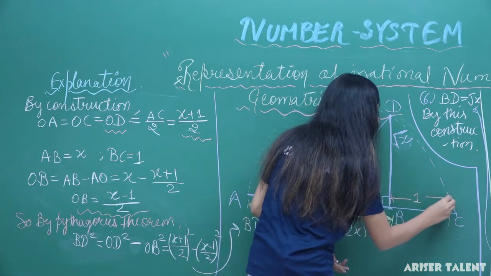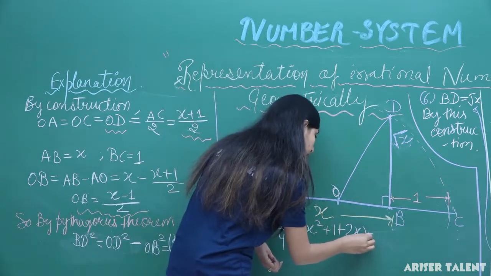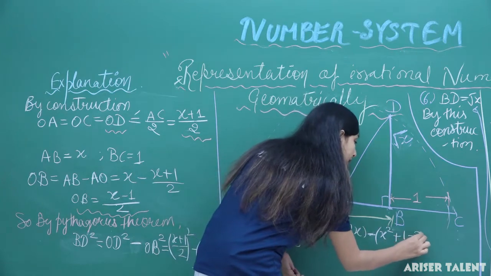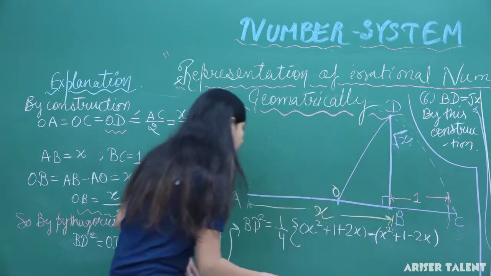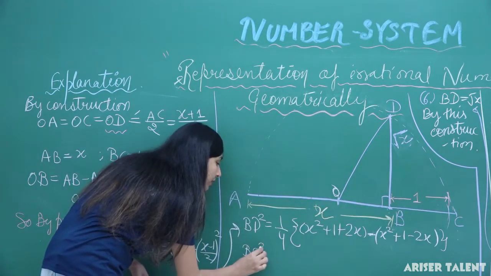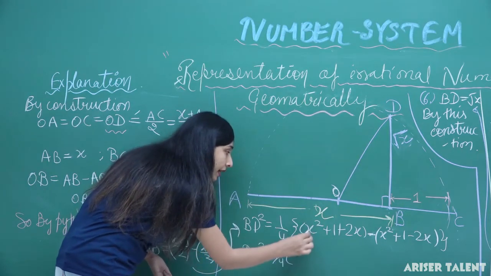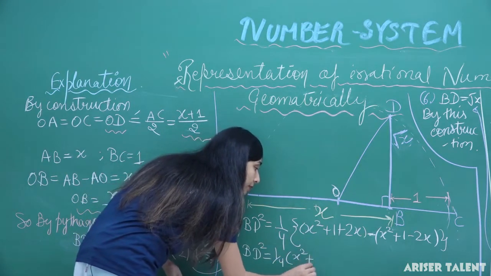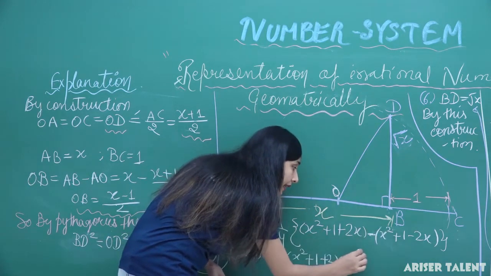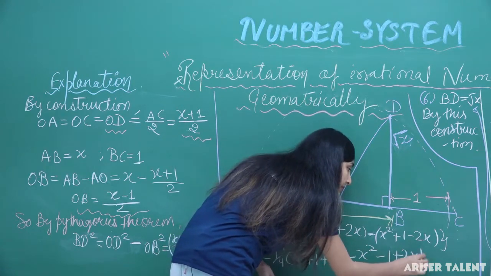Bracket close. That means BD square will be equal to 1 by 4 multiplied by x square plus 1 plus 2x minus x square minus 1 plus 2x, sign will get changed.